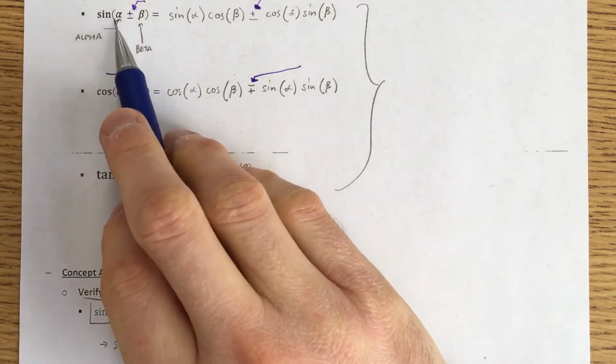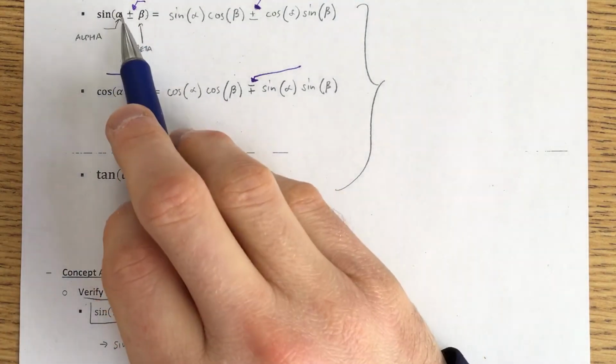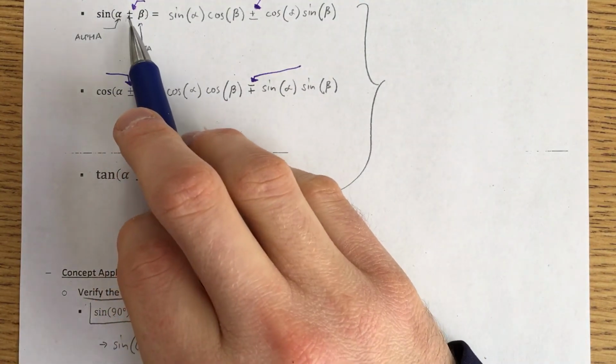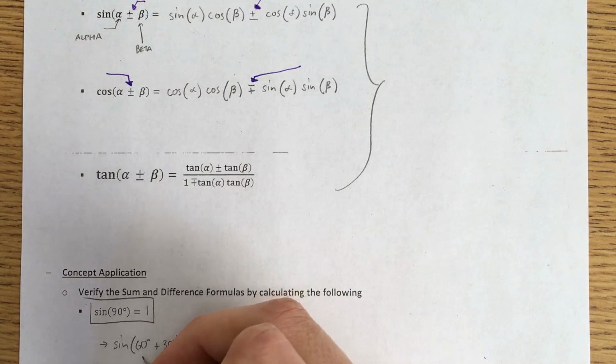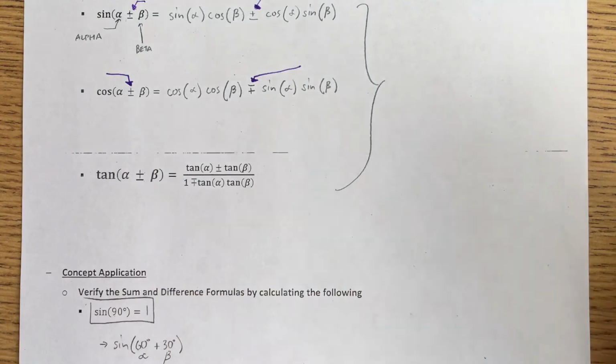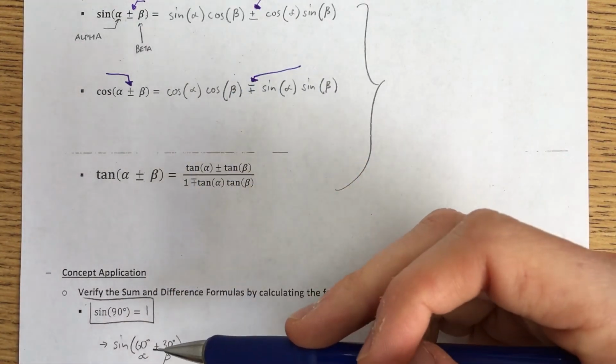So here we have alpha plus or minus beta. Here I have 60 plus 30. So we can use this formula. We're going to use the addition part of the formula. Down here, if it helps you, we can relabel 60 as our alpha and 30 as our beta. And so now we plug those in here. Instead of sine of alpha, it would be sine of 60.